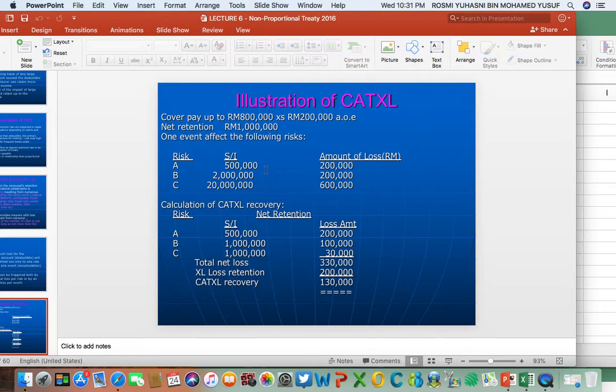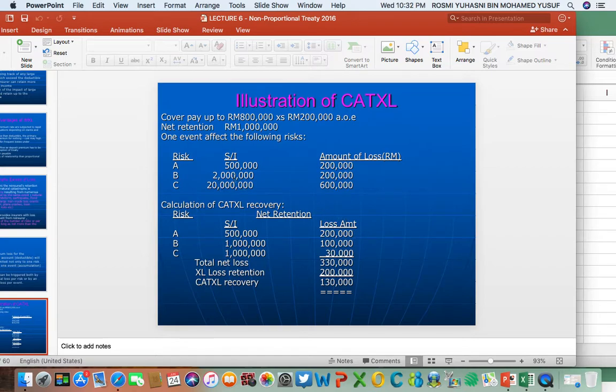So if the gross sum insured is 500,000, the net sum insured retained by the insurer will also be 500,000, because the gross is not more than the net retention. That is why for risk A, the insurer will retain 100% of the risk, meaning the whole 500,000, and also 100% of the claim. The claim here is 200,000, so the insurer retains all of it.